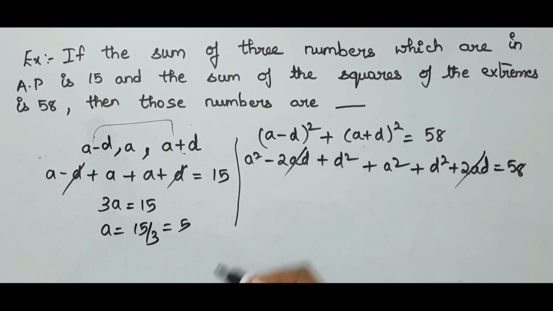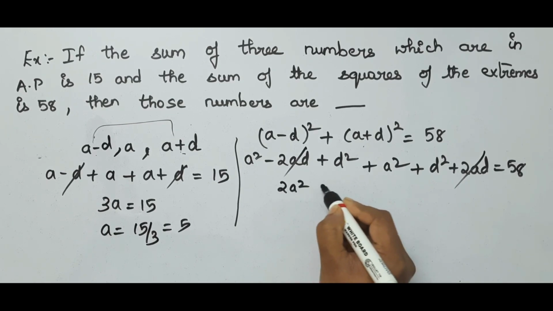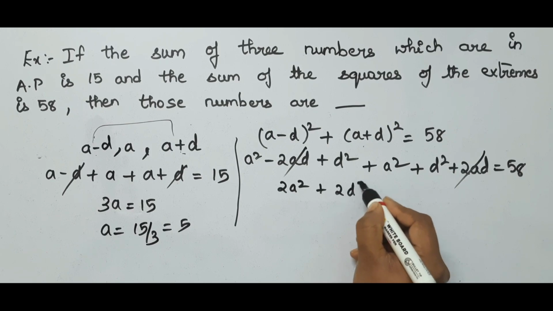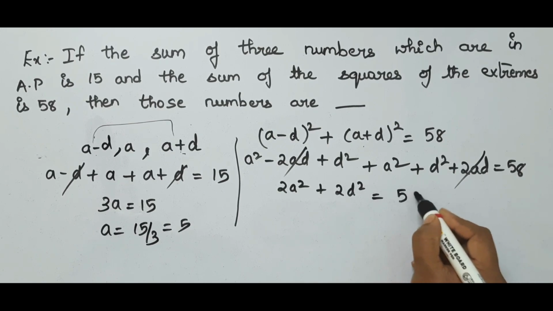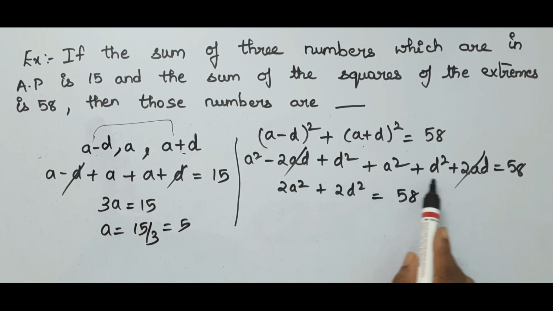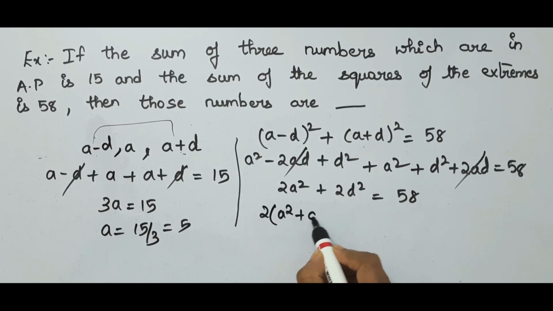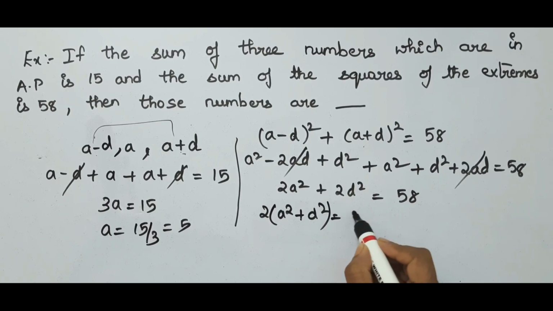So these two 2ad terms cancel. We are left with 2a square plus 2d square is equal to 58. It will be 2a square and 2d square. Now let us take 2 common. So this becomes 2 into (a square plus d square) is equal to 58.